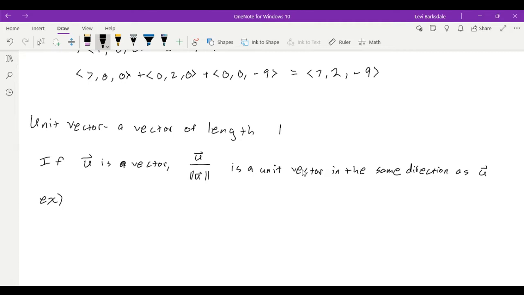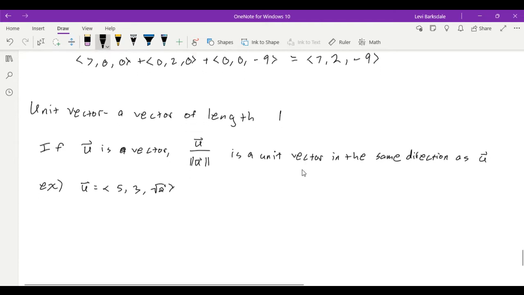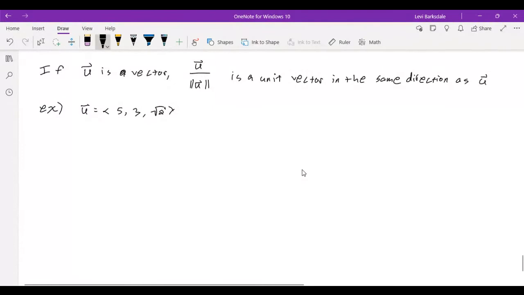So for example, if we have the vector u equal to 5, 3, square root 2, and we are interested in finding a unit vector, first we need to find the magnitude of u.